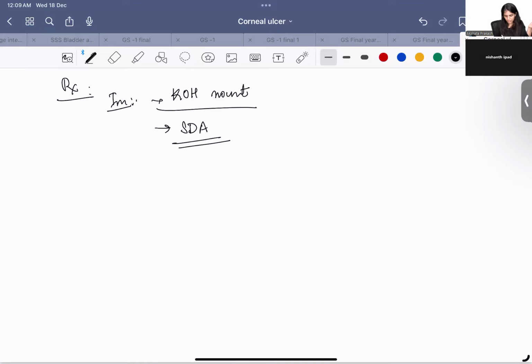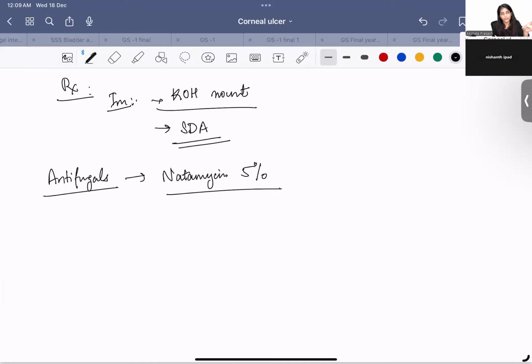The treatment for these will be your antifungals. We have a list for the classification in pharmacology for antifungals. The most commonly used here is your broad spectrum natamycin 5% eye drops. Okay, this is most commonly used because it is broad spectrum.